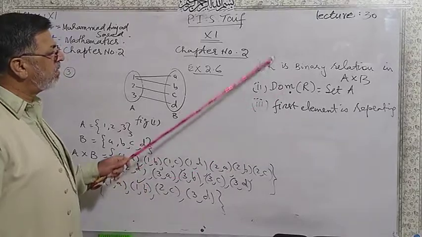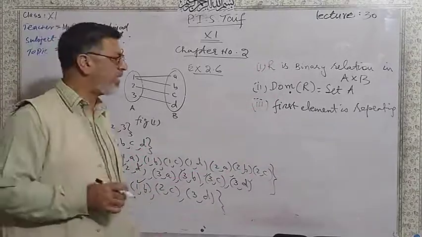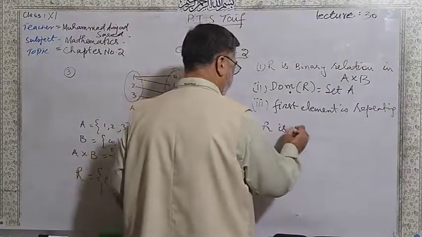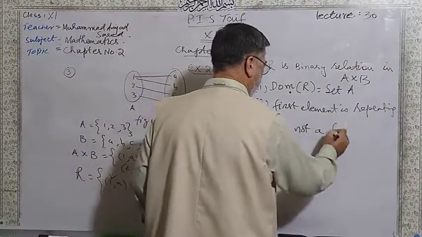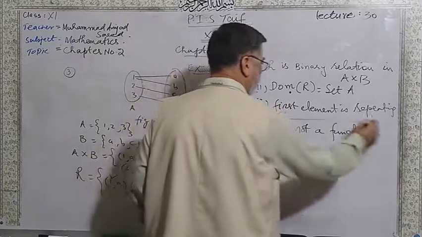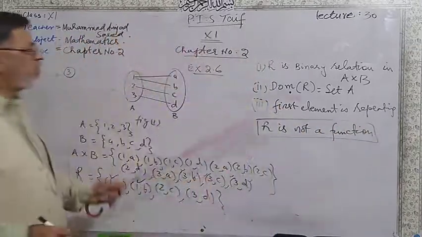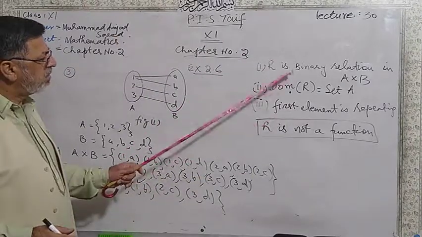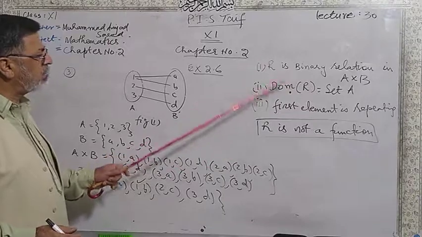If the 3 conditions are not satisfied, then R is not a function. Remember that the minimum conditions for a function are 3. If R is an into function, 3 conditions must be satisfied.